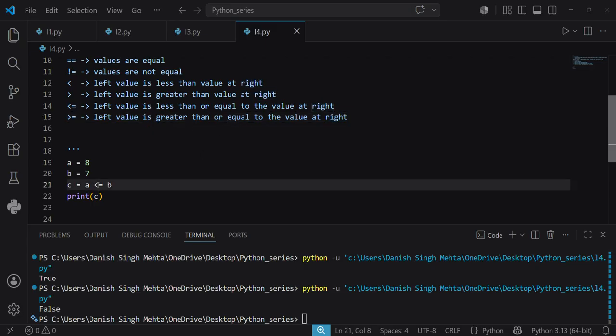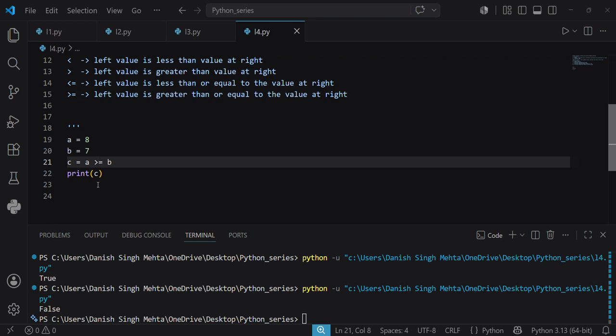So here if I do greater than equal to sign, then here it will check A is greater than or equal to B. 8 is not equal to 7, but yes, 8 is greater than 7. So its result will be true.